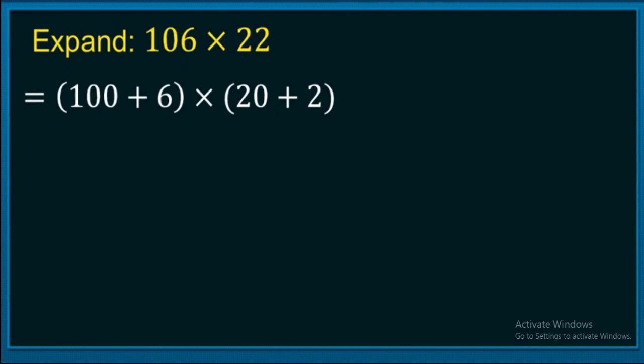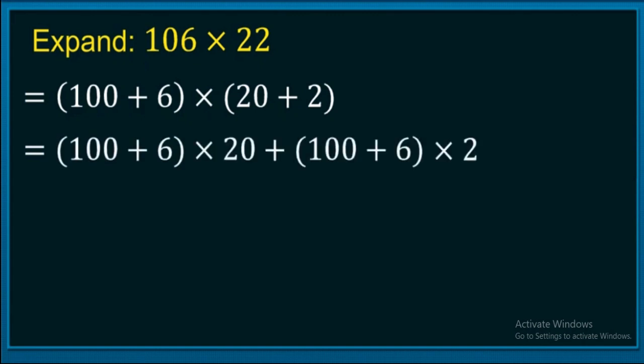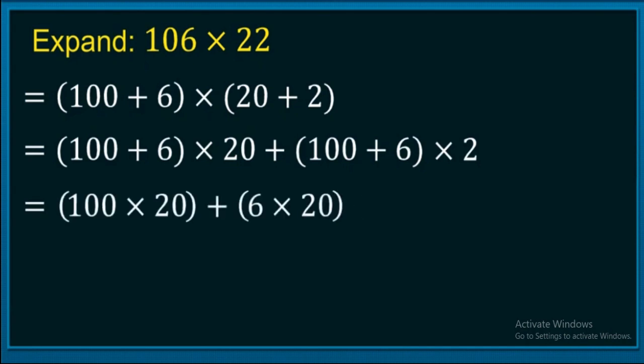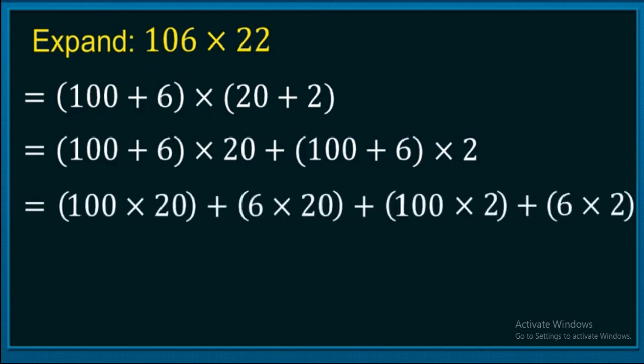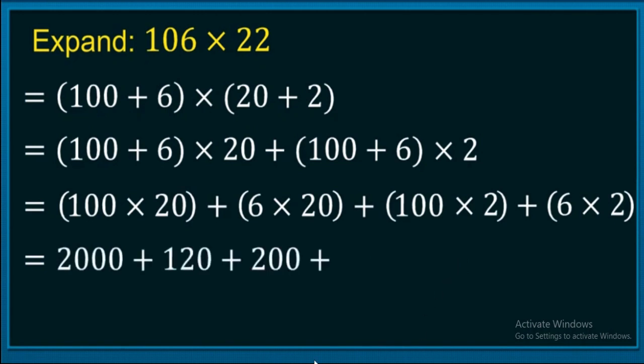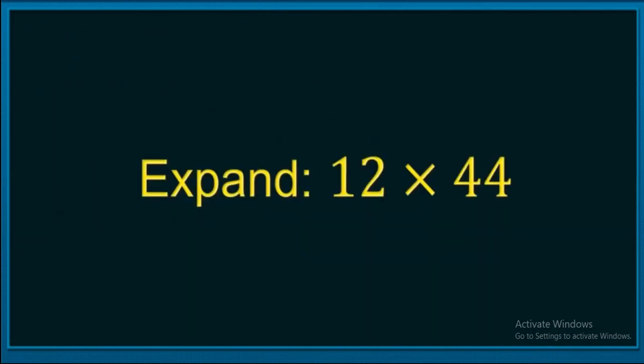Brackets will help us simplify the expression more systematically. Now, we need to multiply 100 plus 6 with 20 and with 2. This makes the multiplication much easier. Simplifying the expression gives 2,332.